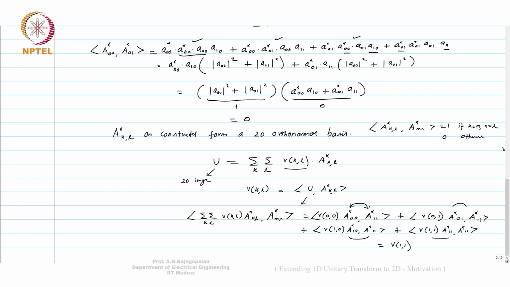So which is why VKL can be found as inner product of U with A star KL, and that can be used in turn for expanding U. Okay. Now at this point of time, it may still look slightly murky. Why is all this happening? So this is all tied to a notion of separability and so on, which we will see down the line.